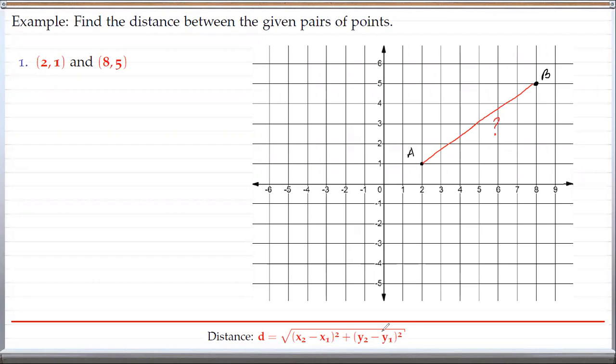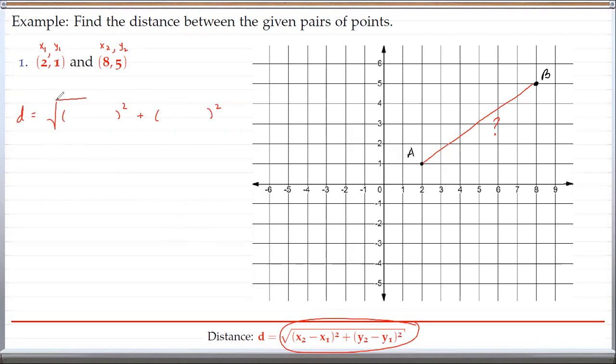For that, we can quickly apply this formula. So we can call the first pair to be x1, y1, and the second pair to be x2, y2. So basically, x1 is 2, y1 is 1, x2 is 8, y2 is 5. Now we are ready to apply the formula. The formula says square root of (x2 minus x1) squared plus (y2 minus y1) squared.